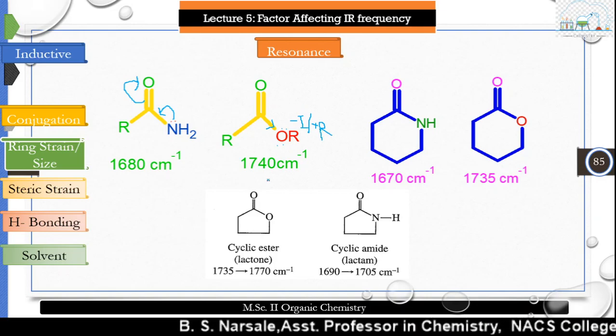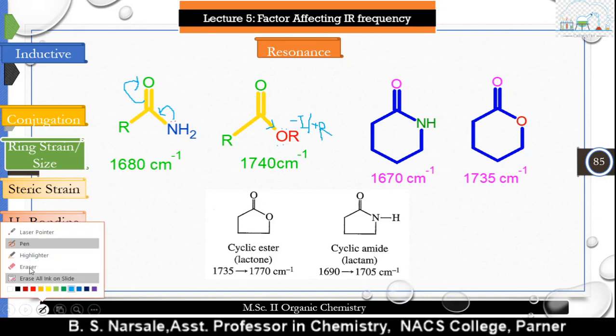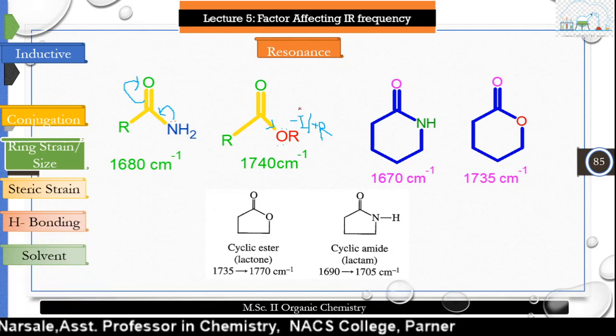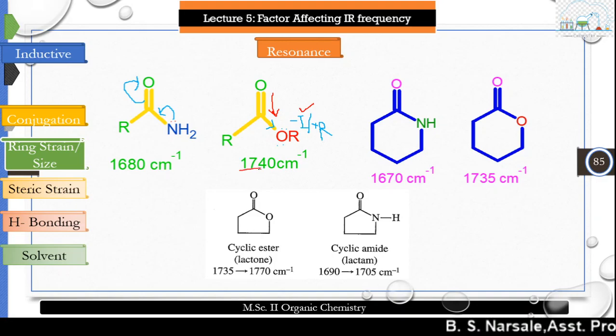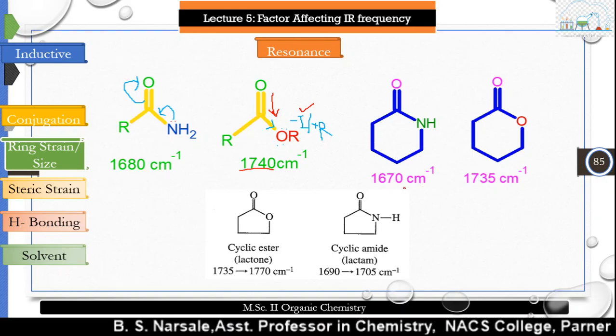So due to the stronger electron withdrawing inductive effect, the IR stretching frequency increases and bond length decreases due to the electronegative atom, so the IR of the ester will be higher as compared to the ketone.